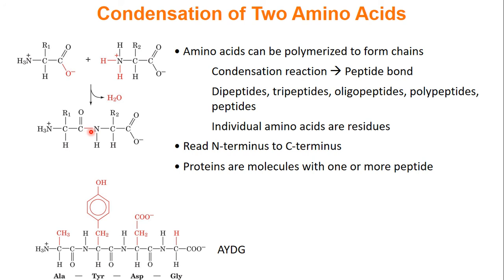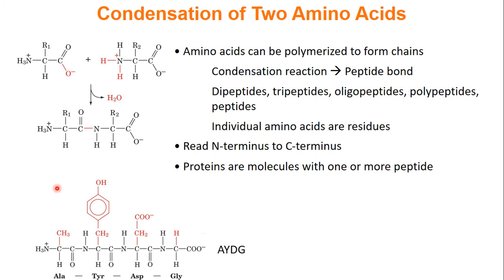And you can make dipeptides if it's 2 amino acids, tripeptides if it's 3 amino acids. Oligo and polypeptides are just longer and longer chains of amino acids. But for these peptides, the residues are amino acids. And when you're working with proteins or peptides, you always start at the N terminus and you move to the C terminus. And that's how you read amino acids.